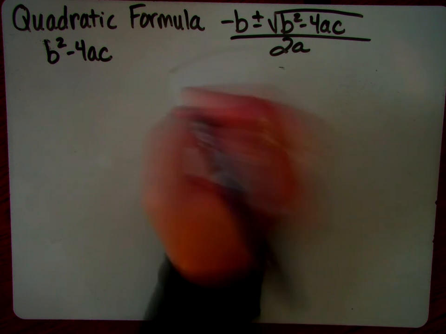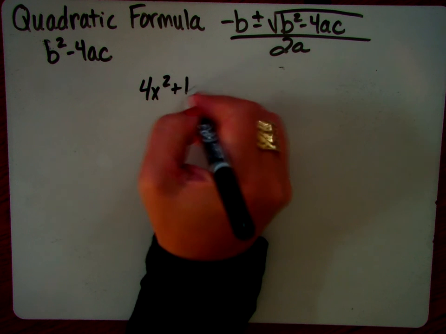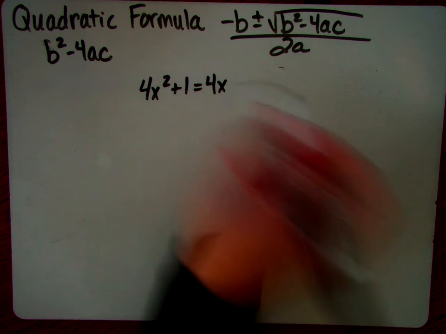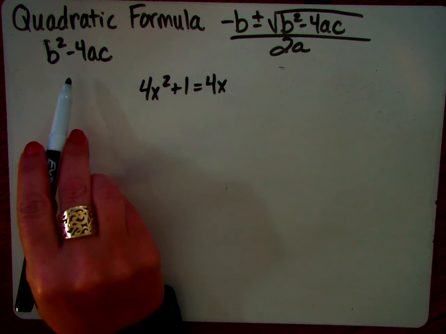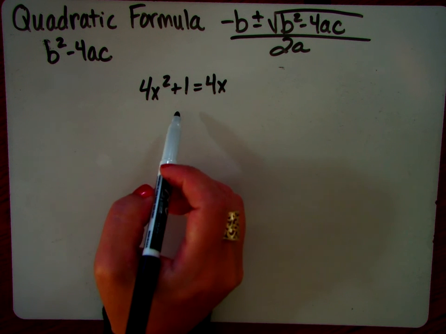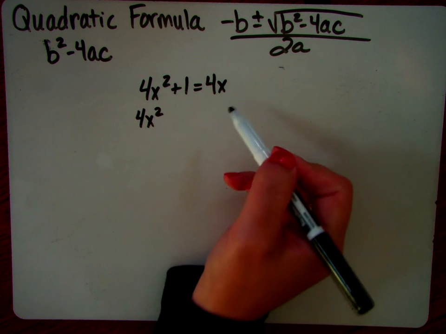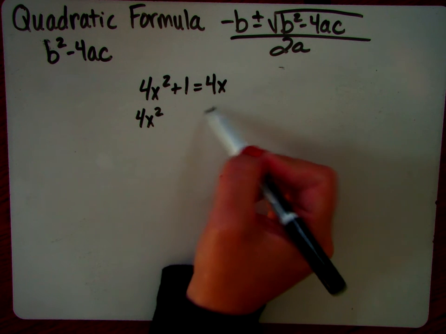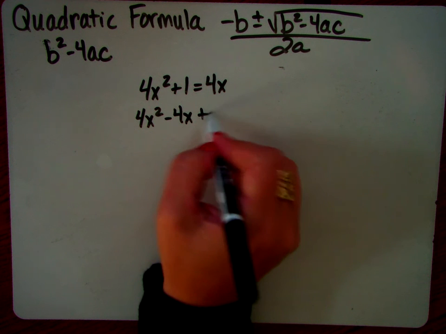So let's take 4x squared plus 1 equals 4x. Again, I need my a, b, and c, and I can't identify a, b, and c until I'm in standard form. So my x squared comes first, then my x. The 4x is on this side. I have to bring it over, so it's going to be a negative 4x plus 1.